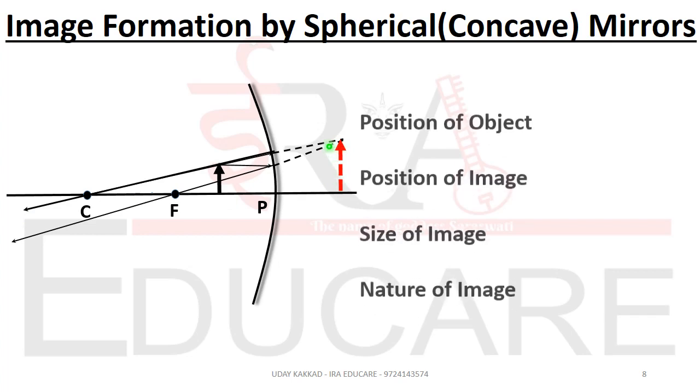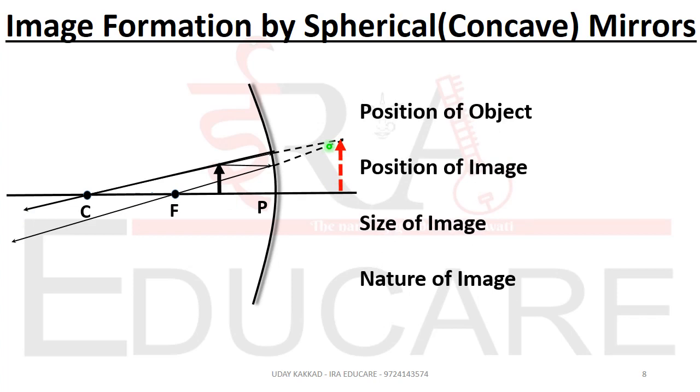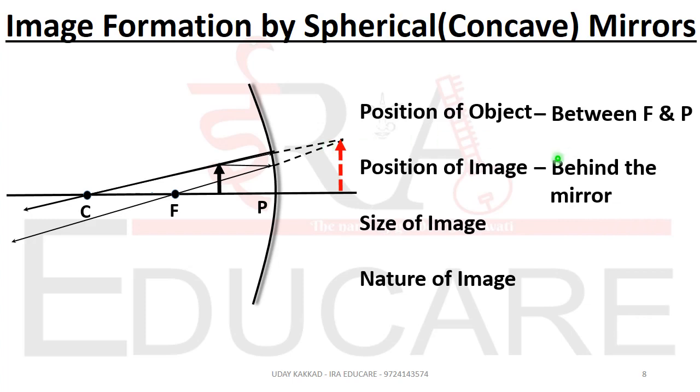Now let's check the information of the image. The position of the object is between F and P, right? Now the position of the image is behind the mirror, you can see that, right? The size of the image, you can see that it is enlarged, right?